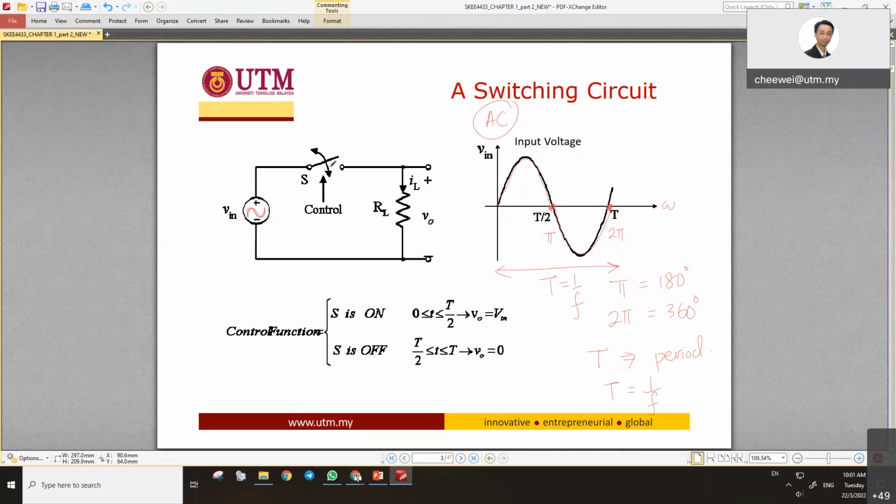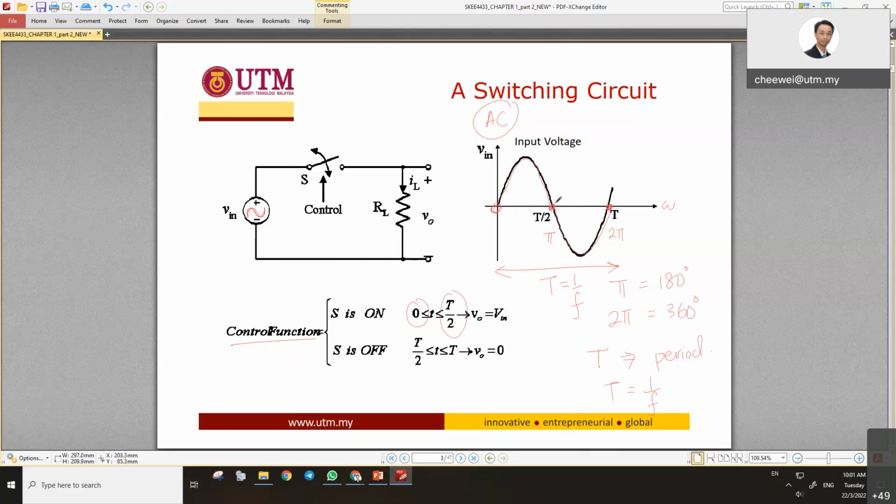If you look at the switch here, the switch is open or closed. This is the control function. The switch is on when it travels from 0 to half. Where is 0 to half? This side, right?